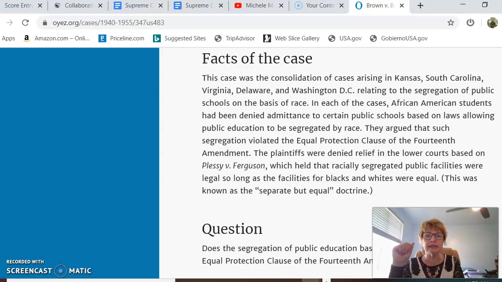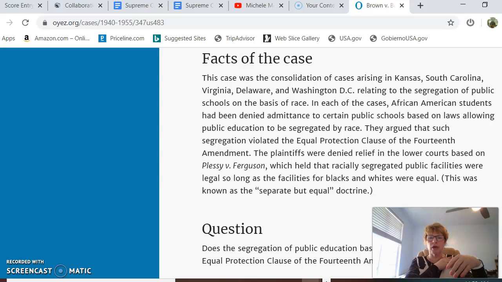Ferguson, which was decided in 1896, so almost 60 years earlier, they came up with this idea of separate but equal. In other words, it's okay to segregate people as long as they're in facilities where the accommodations are equal. Of course, they never were.